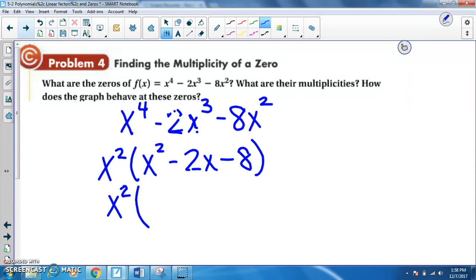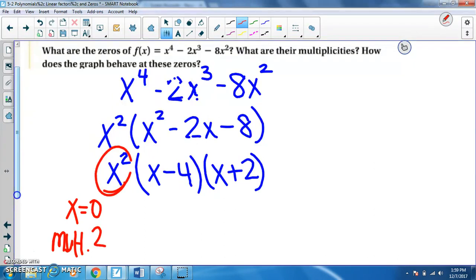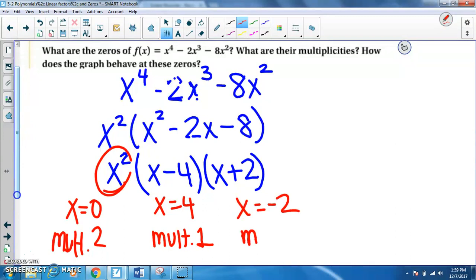What multiplies to negative 8 and adds to negative 2 would be x minus 4 times x plus 2. So at x squared, x would be equal to 0, multiplicity of 2, because this 0 occurs twice. X minus 4 would be x equals 4, and we would have a multiplicity of 1. X plus 2 would be x equals negative 2, multiplicity of 1.